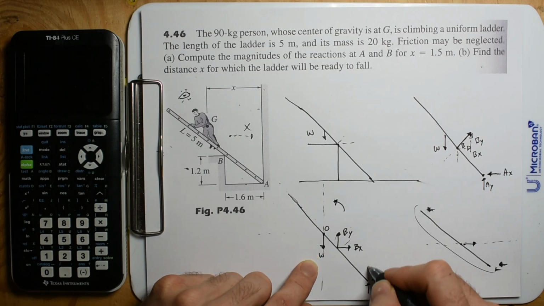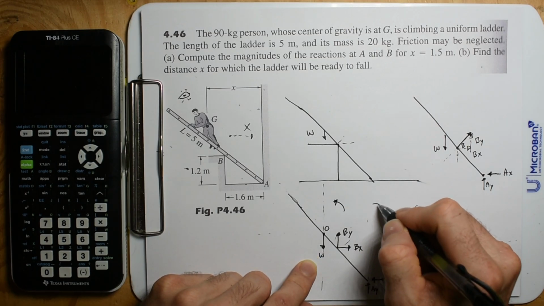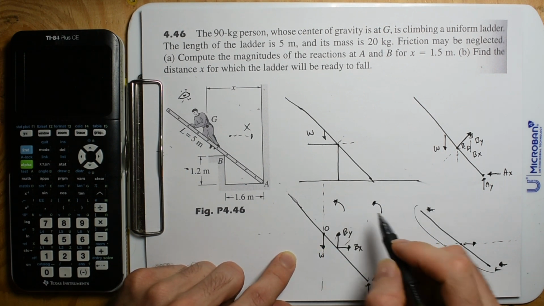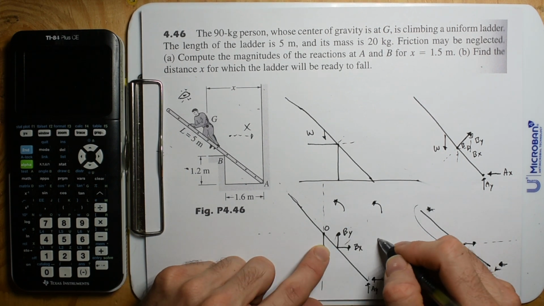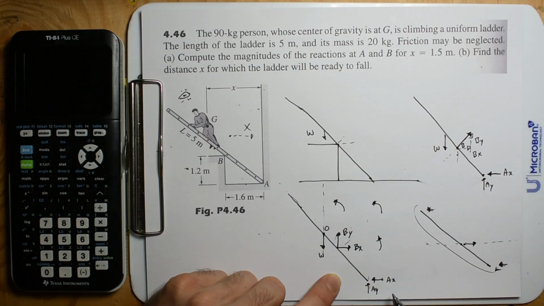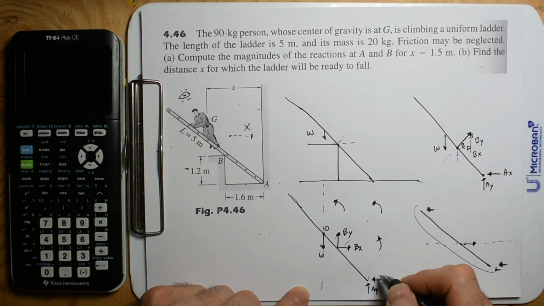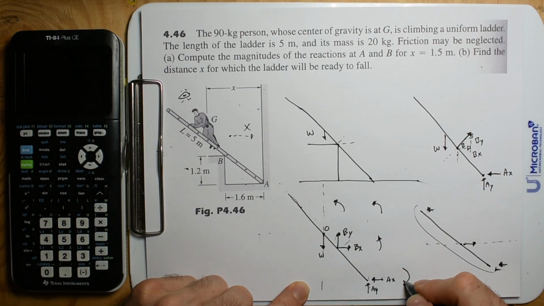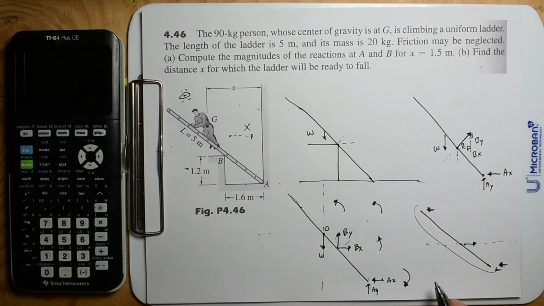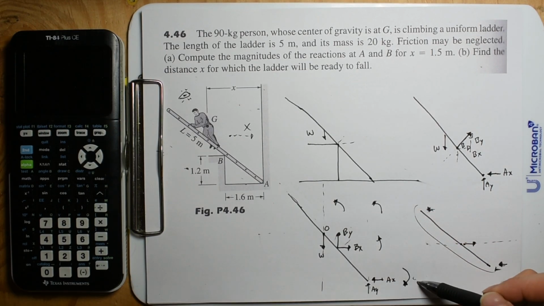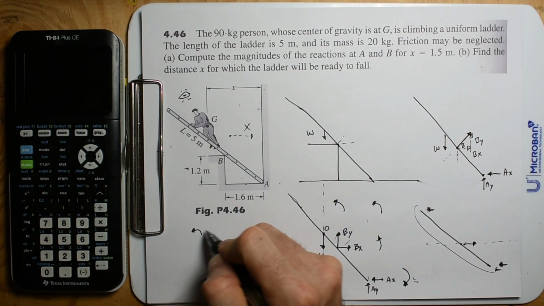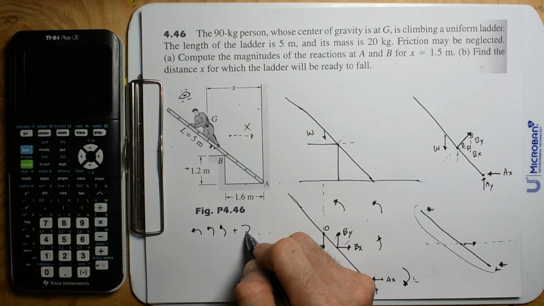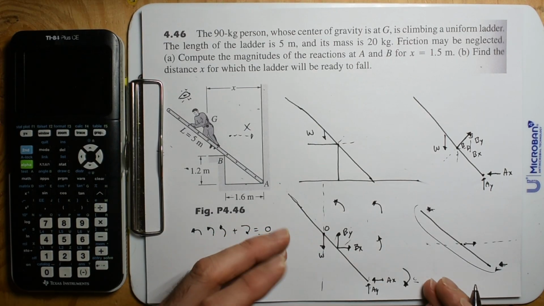This upward force right here of Ay is going to cause a rotation that way. This force right here is also going to cause a rotation that way. So this force right here, Ax, the force against the wall, is the only force that's going to cause a rotation that way. And so these have to equal 0. So you have 3 arrows to the left plus the arrow to the right. Those have to all equal 0.